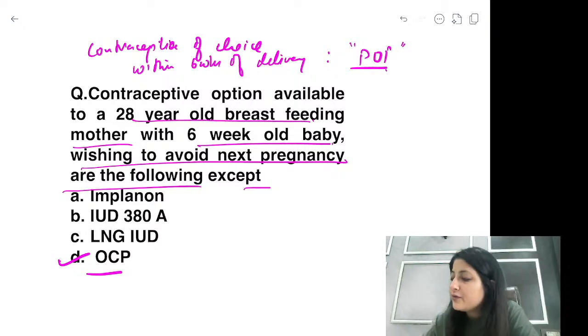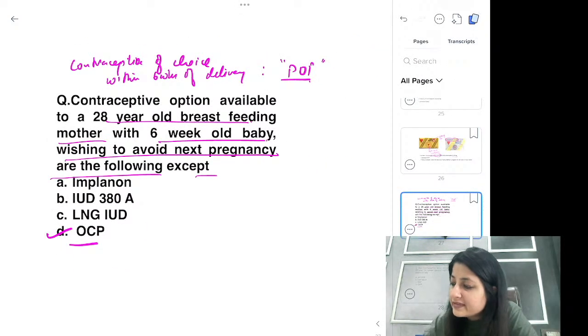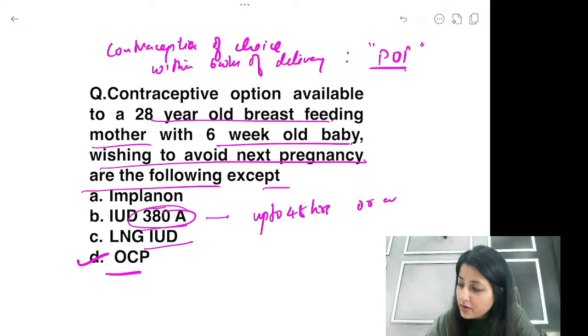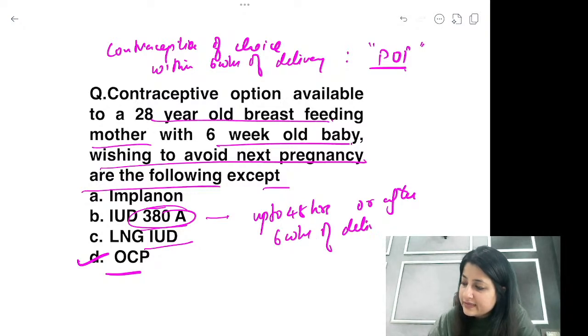Okay, not IUD, because I want to discuss. This is Implanon. You can give IUD 380A. Now IUD 380A or levonorgestrel IUDs should be inserted within 48 hours, or after 6 weeks of delivery.